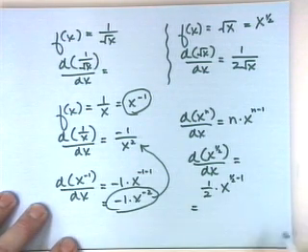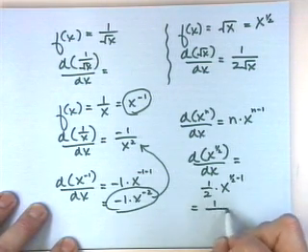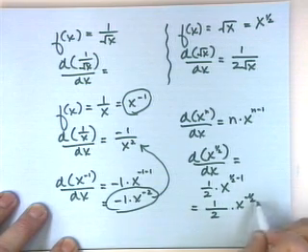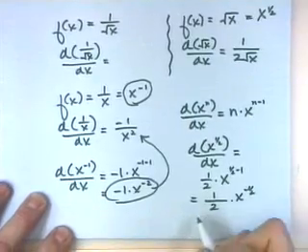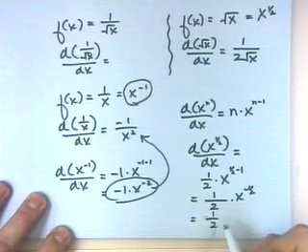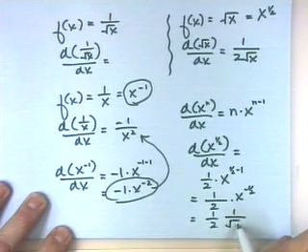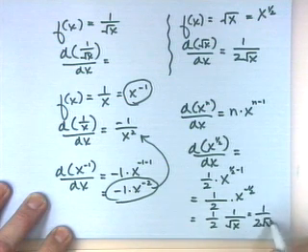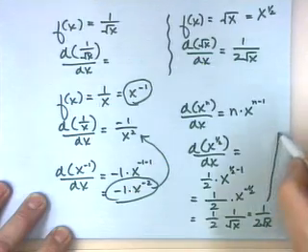And what is that simplified? X to the negative 1/2. And what is x to the negative 1/2? 1 over x to the 1/2.